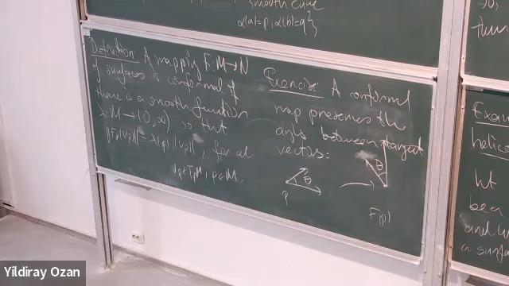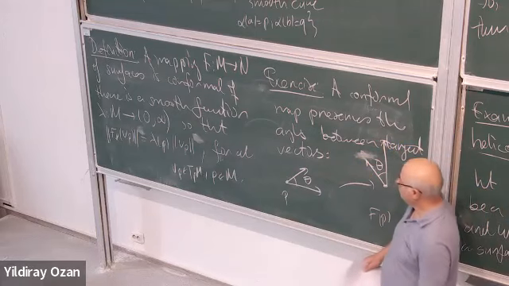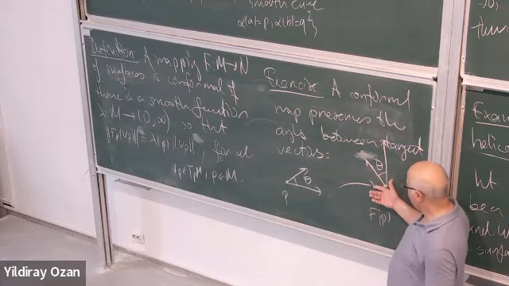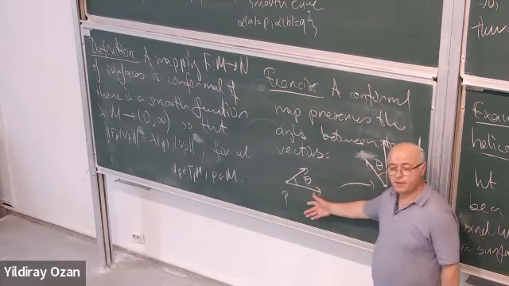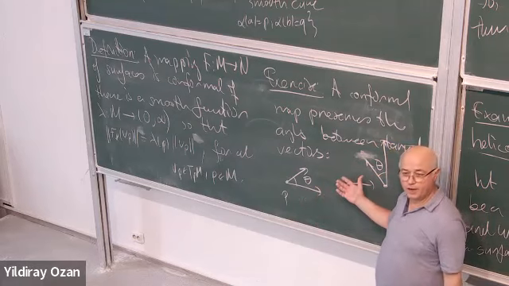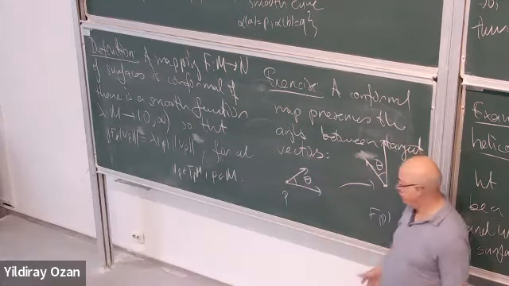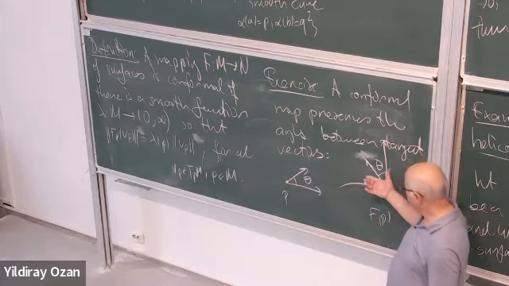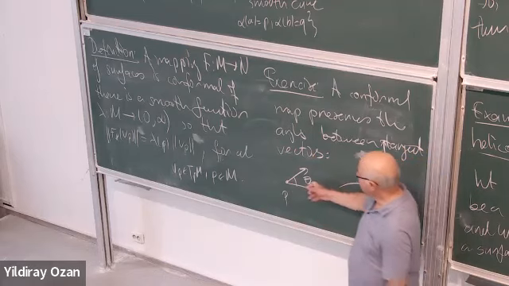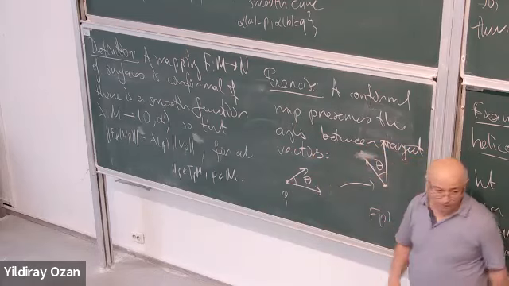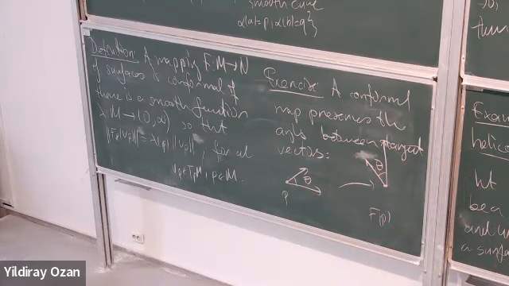The lengths might change, but they are changed proportionally. You multiply the lengths, let's say, by 2 at some point, and at some other point you may multiply them by 3. But that actually gives us that the angle between the vectors doesn't change. So conformal is not an isometry, but it is something close to an isometry.